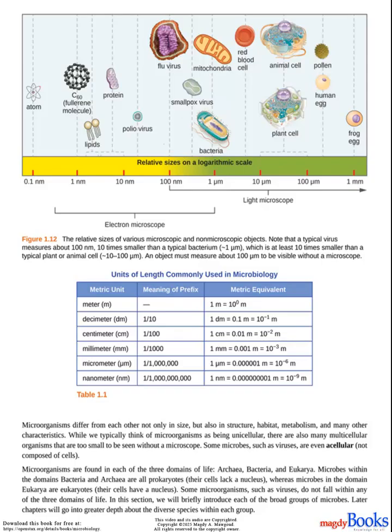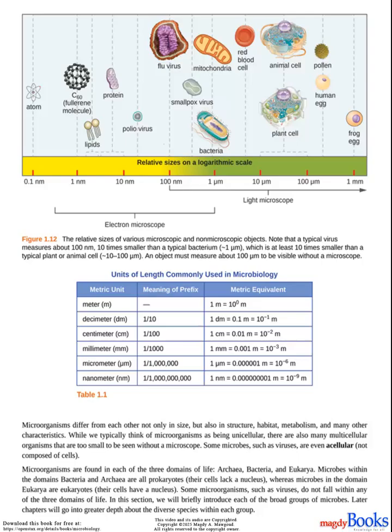Millimeter, mm: 1 over 1000. 1 millimeter equals 0.001 m, equals 10 to the power of negative 3 meters. Micrometer, μm: 1 over 1 million. 1 micrometer equals 0.000001 m, equals 10 to the power of negative 6 meters. Nanometer, nm: 1 over 1 billion. 1 nanometer equals 0.000000001 m, equals 10 to the power of negative 9 meters.